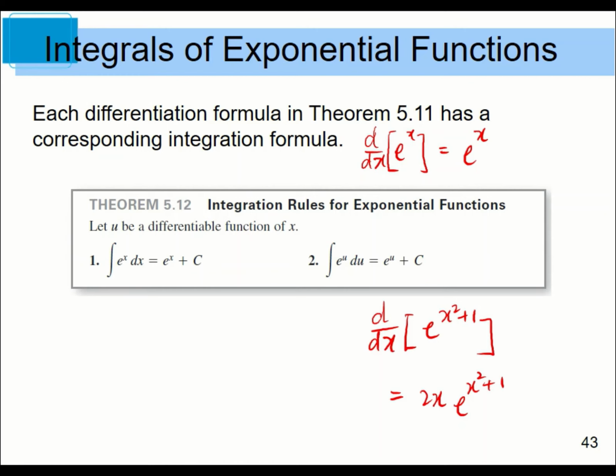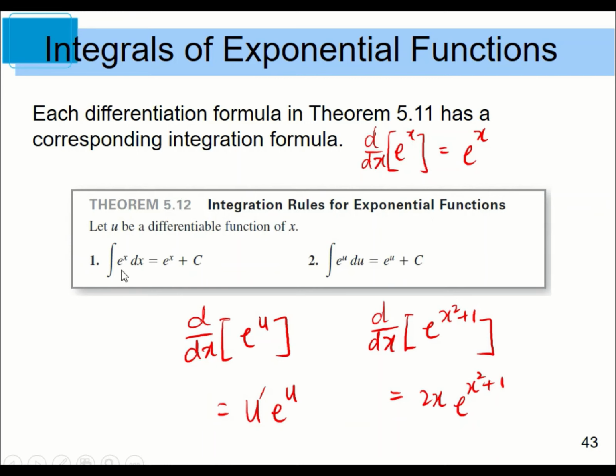So when we differentiate e to the power of u, where u is a function of x, we will have u prime, then we copy the function e to the power of u. Now this leads us back to the integration rule for exponential functions.